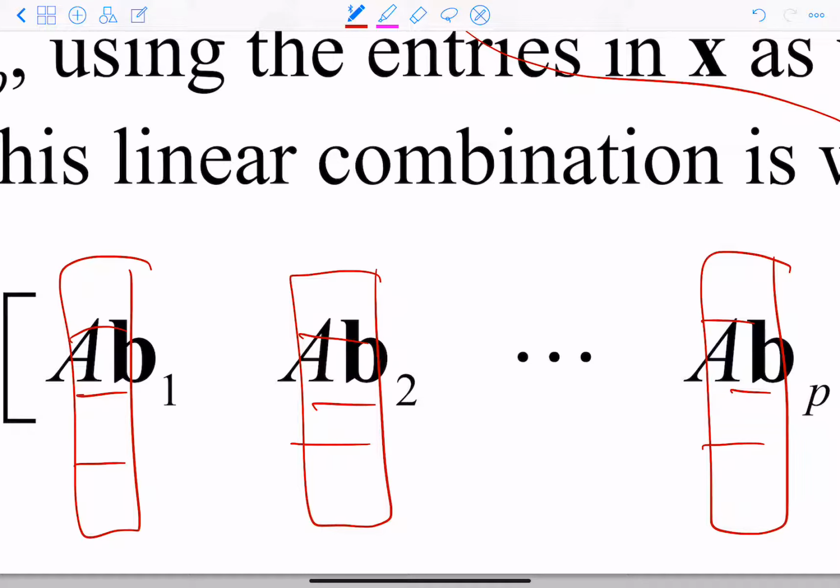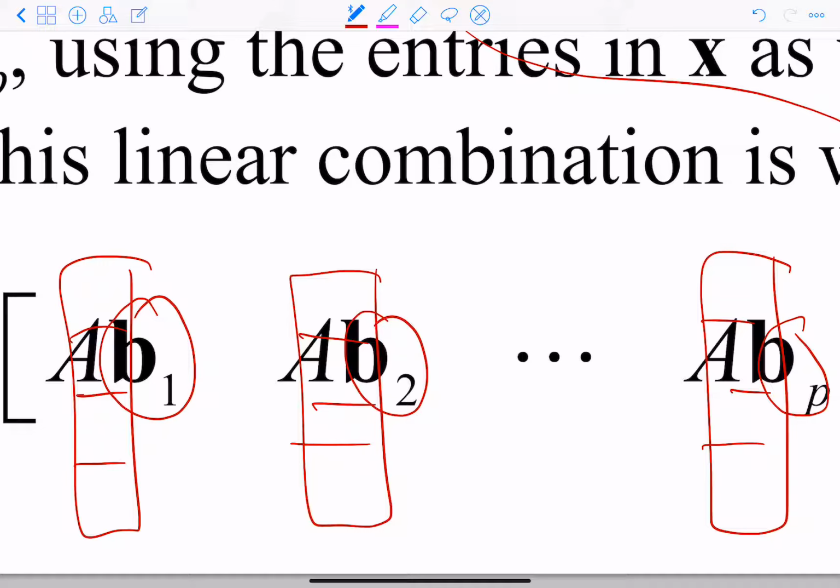What is the characteristic of this matrix? It is just an intuitive understanding: each column of this matrix is the result of the mapping of each column of matrix B, which are B1 through BP. So we first map each of these columns in B by using the transformation matrix A. So the matrix has that kind of characteristic.